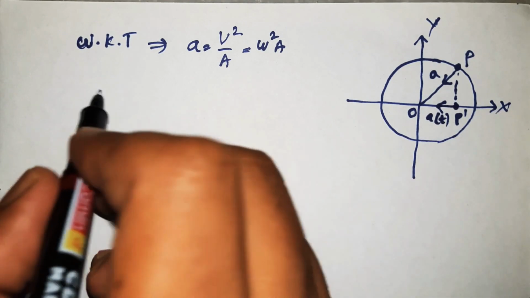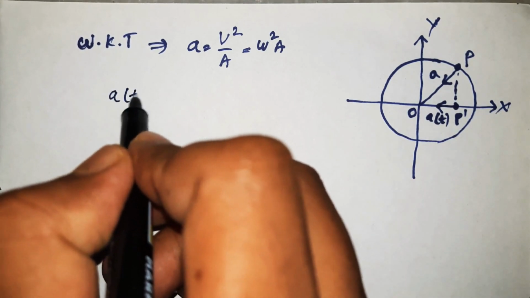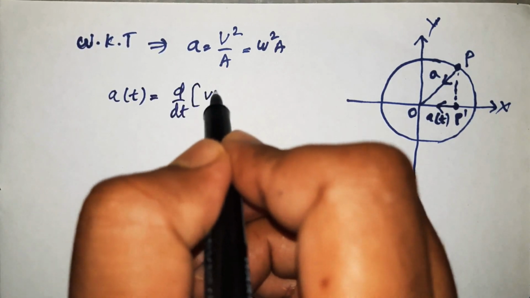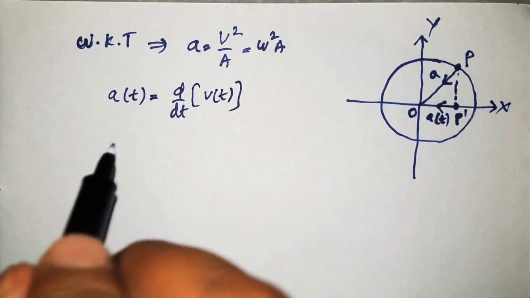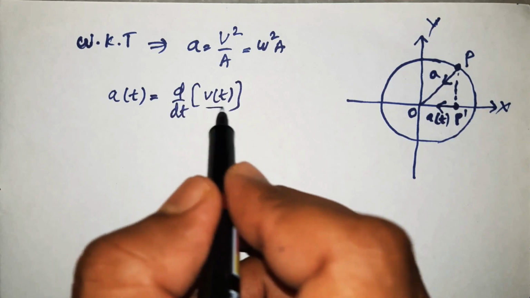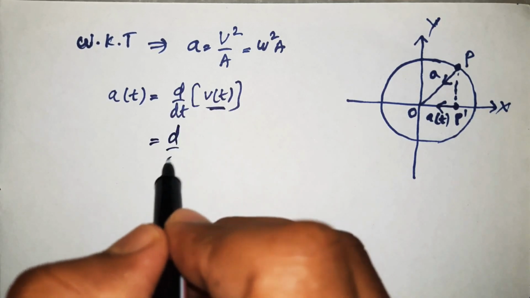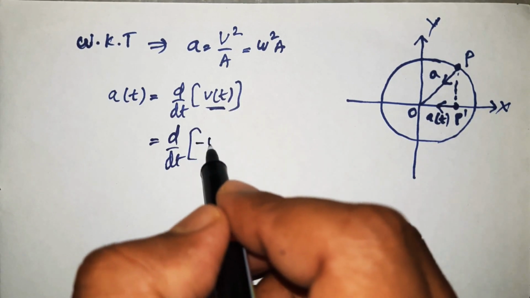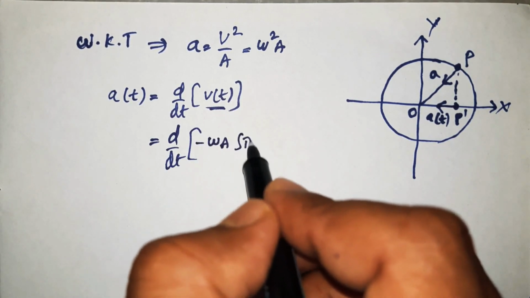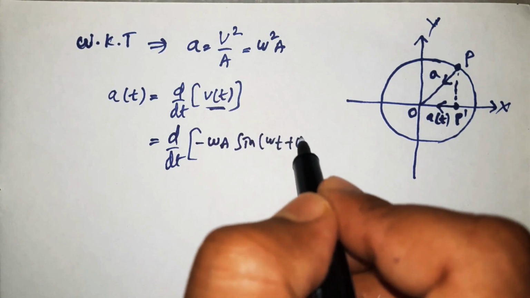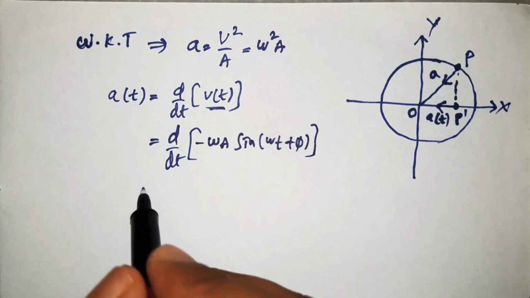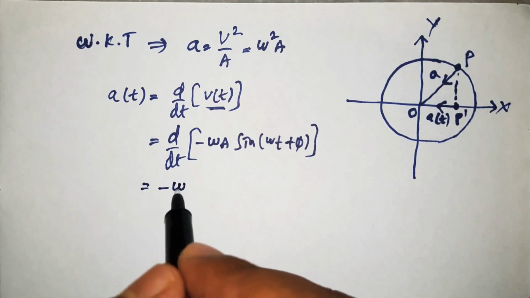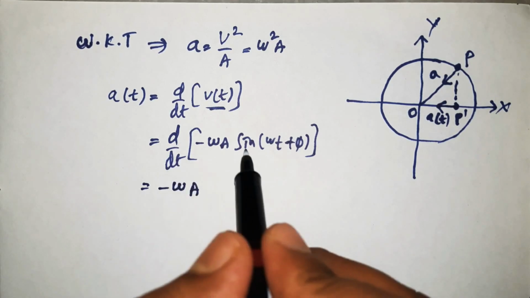Here a of t, acceleration, is the rate of change of velocity. So d by dt of the velocity, which is a known value, minus ωa sin(ωt + π). Here minus ωa is constant, take it outside.